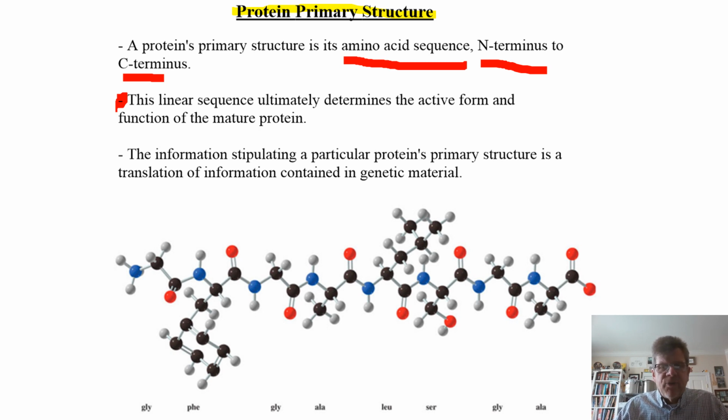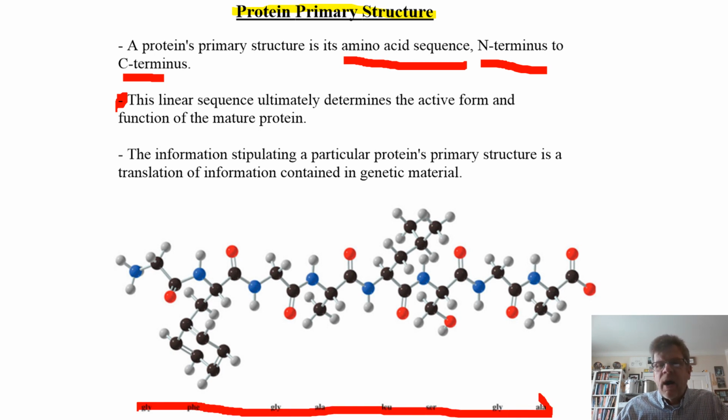Now, if we look at this sequence from N-terminus to C-terminus, from left to right, what determines that particular sequence? It's not just a willy-nilly random assortment of these amino acids. It actually has meaning. The information for that particular sequence is actually coded within our genetic material.